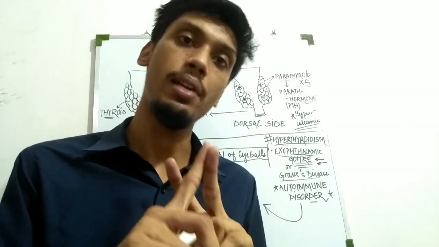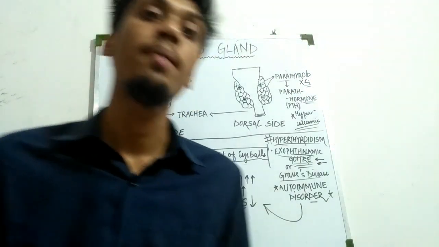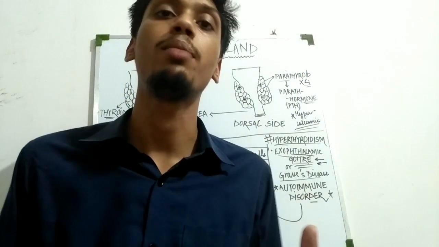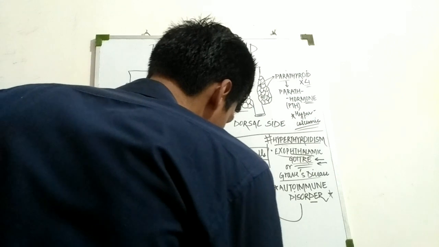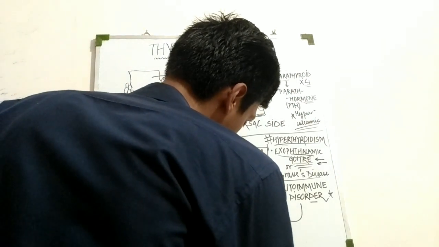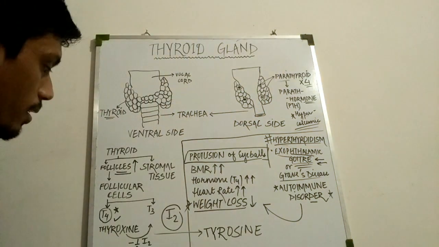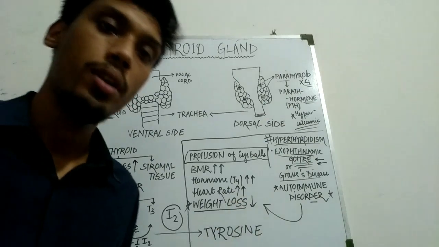The largest gland of the body is the liver. The largest endocrine gland of the body is the thyroid gland, and this thyroid hormone is a derivative of the tyrosine amino acid. Thyroxine is a derivative of tyrosine.